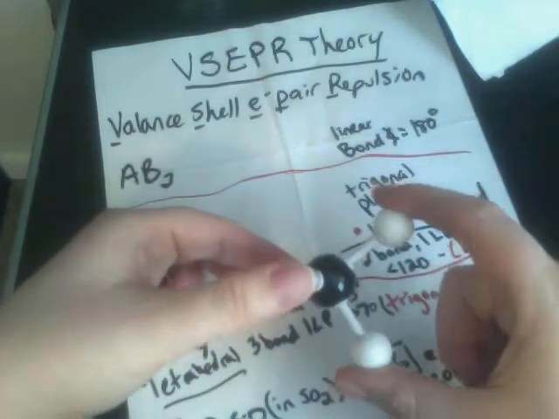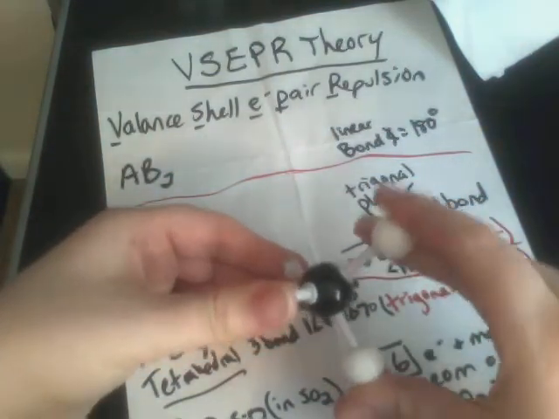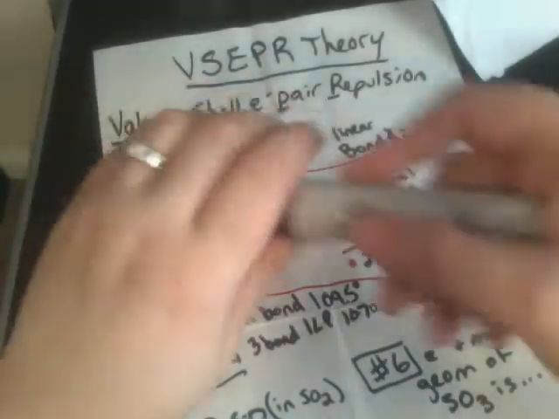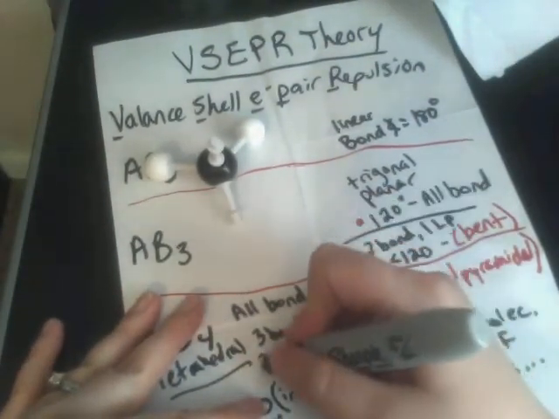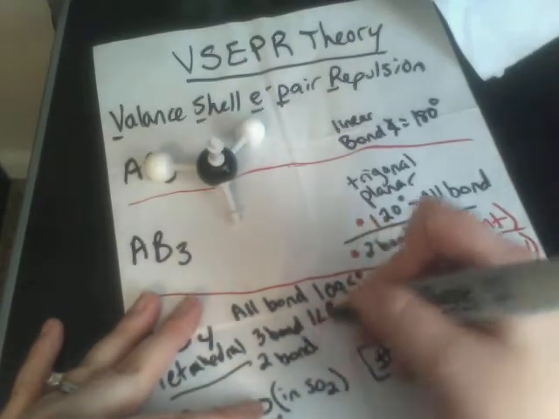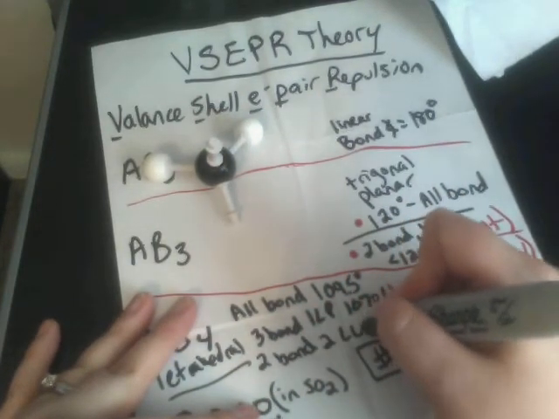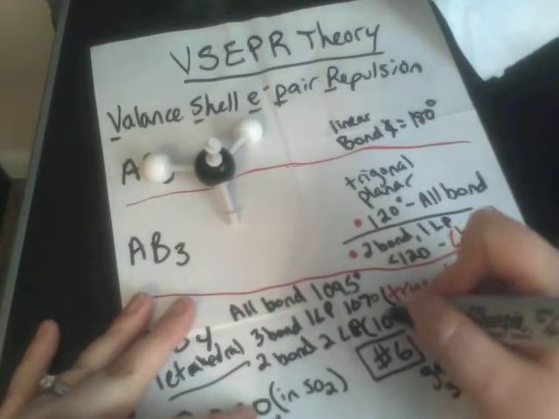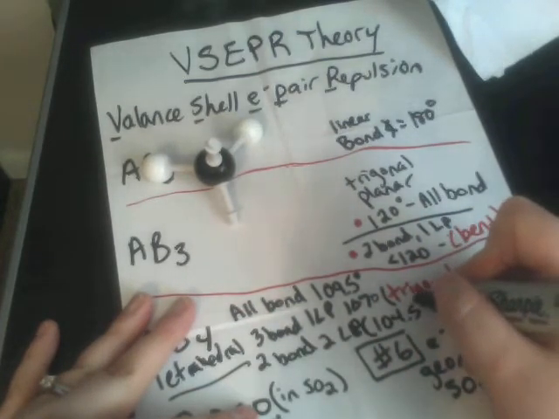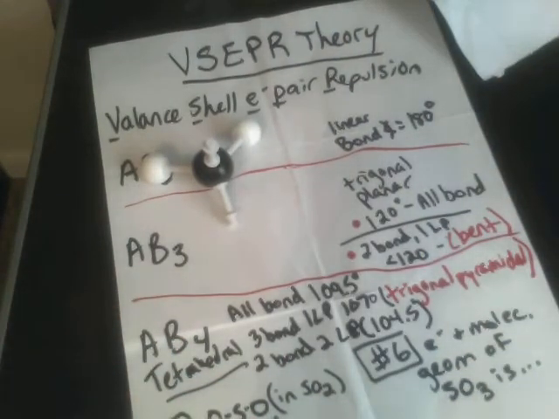So it extra squeezes these together. So it's not the perfect 109.5, it is now 104.5. So if you have 2 bonds and 2 lone pairs, it is 104.5. And what would you call that? We call that bent as well.